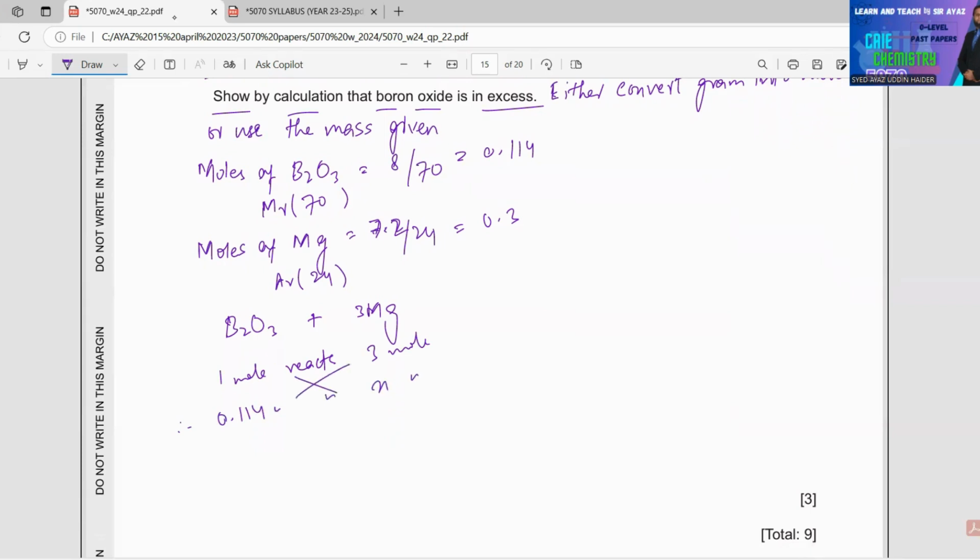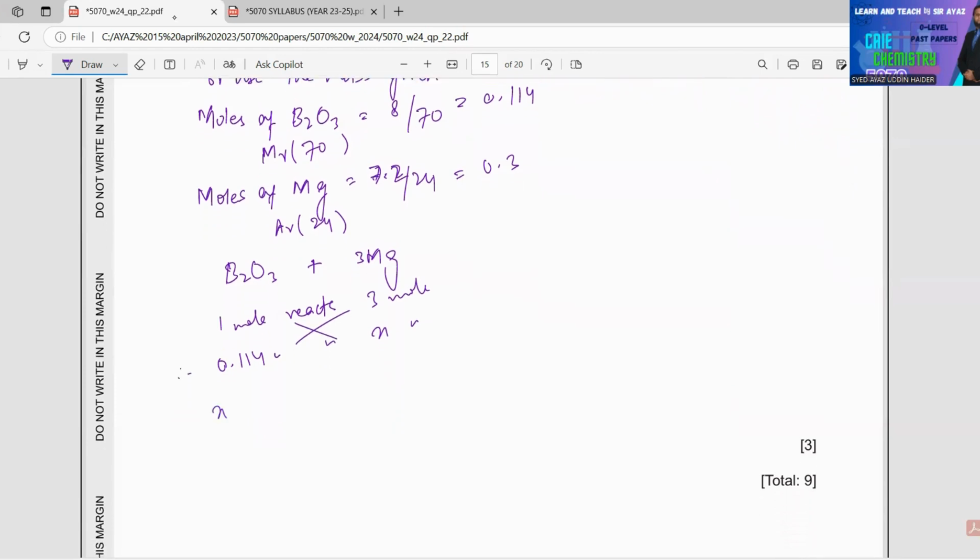Do the cross, X equals 3 multiplied by 0.114, and the answer will be 0.342 moles of Mg.